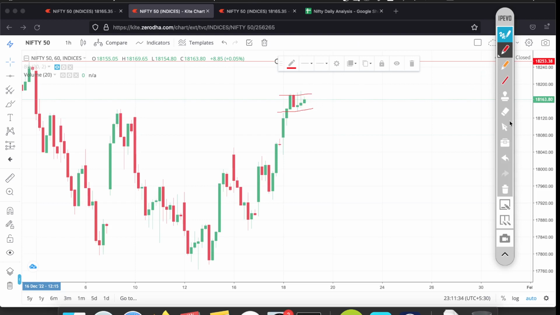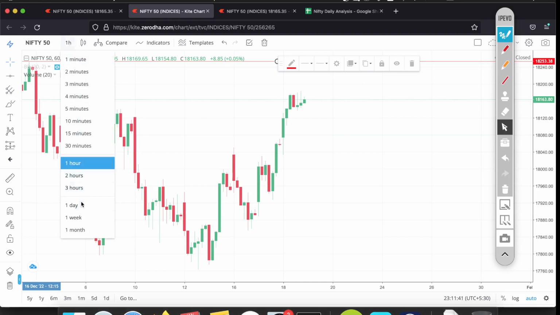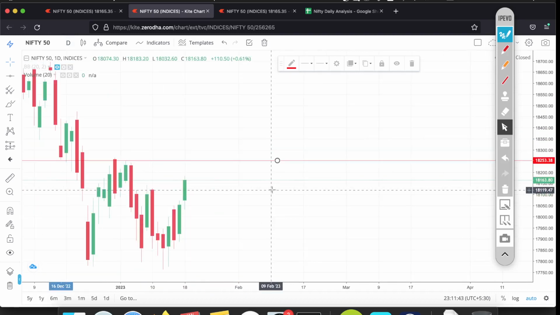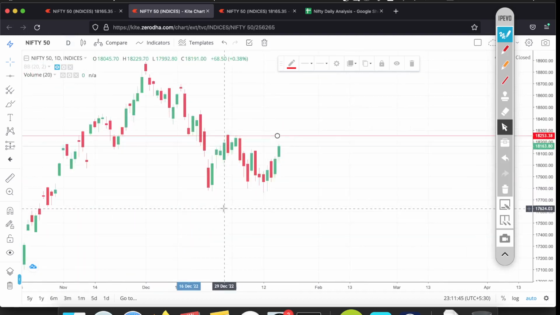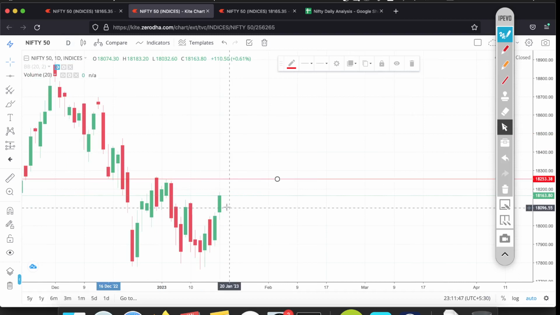And moving out, zooming out to the daily level, the candle itself is a bullish candle. It opened above the previous close and then closed much higher.